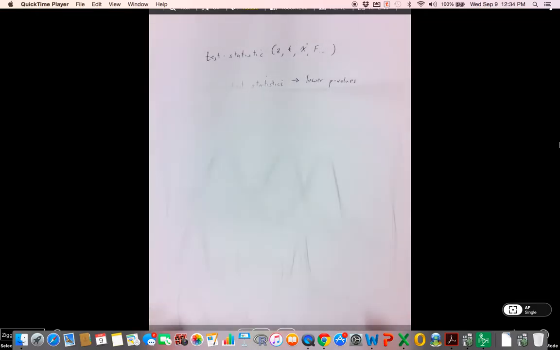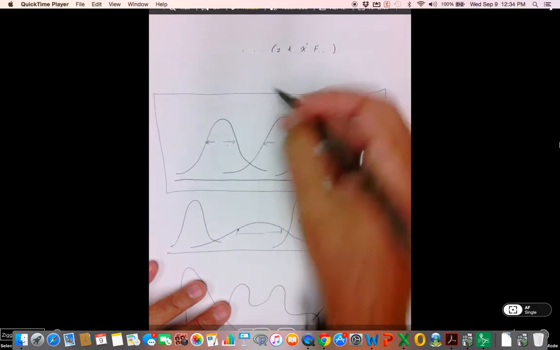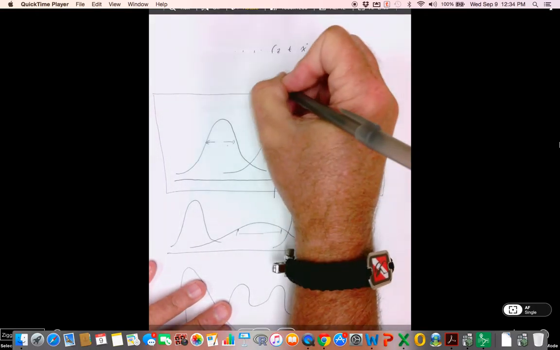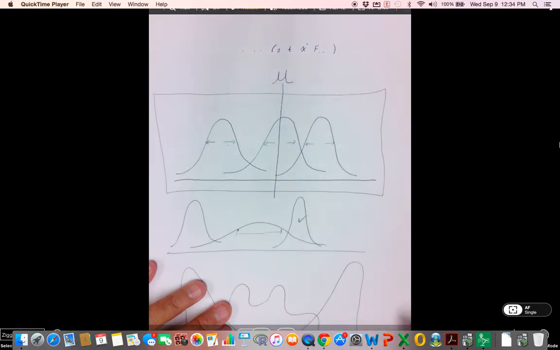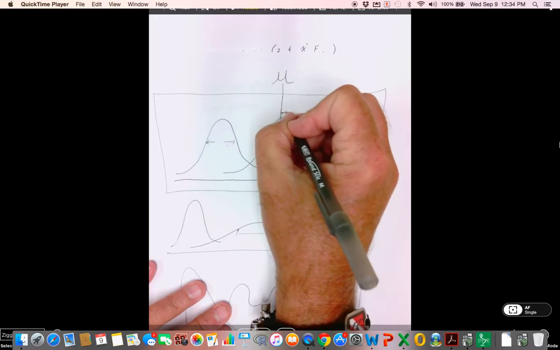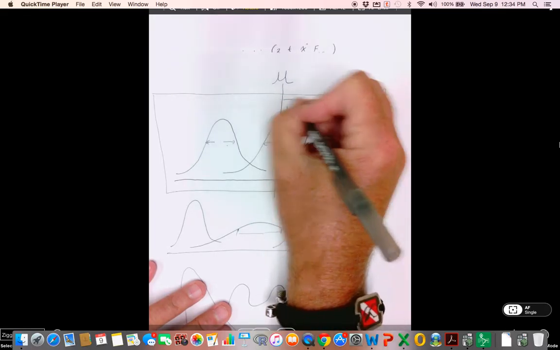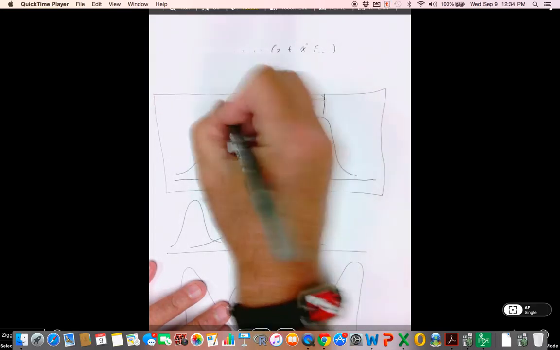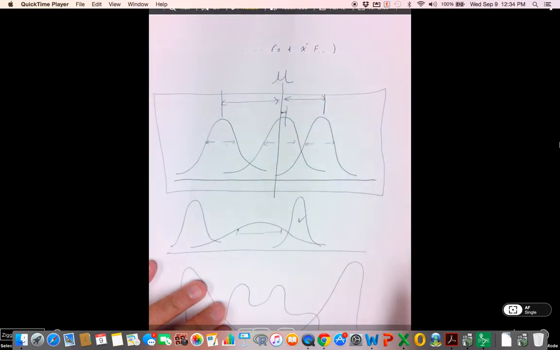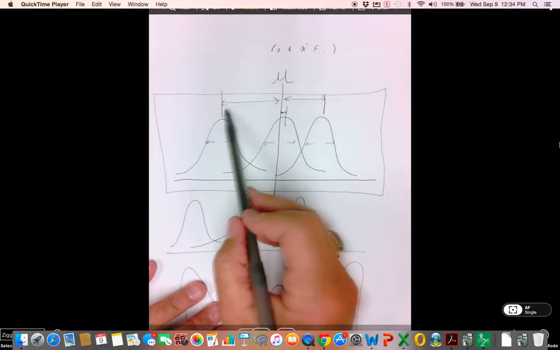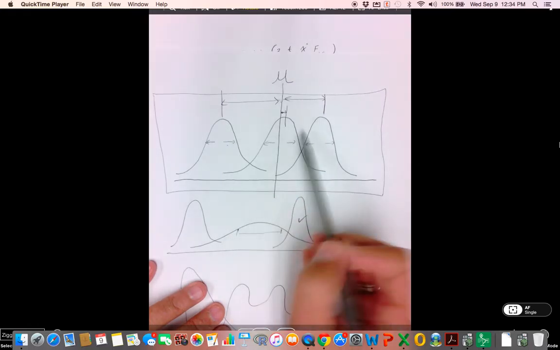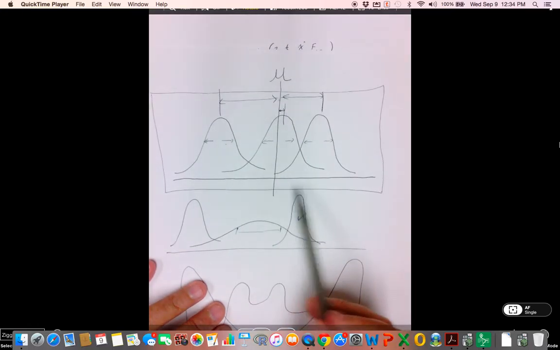Well, the variance between the distributions examines a grand population mean and kind of looks at an average here. It's kind of a weighted average. It looks at the distance between the distributions as compared to this grand mean.